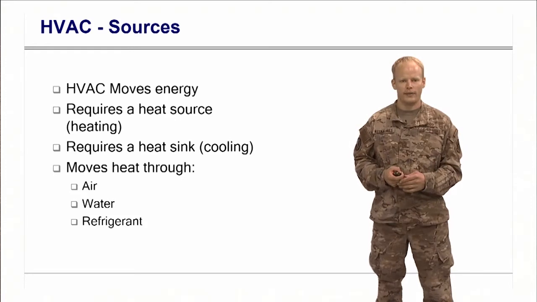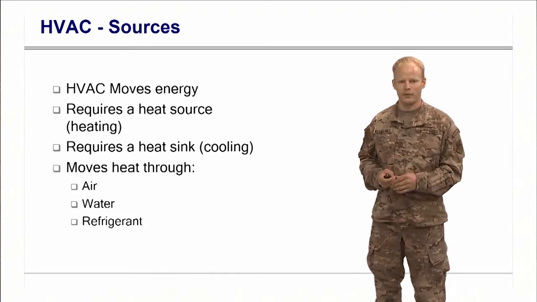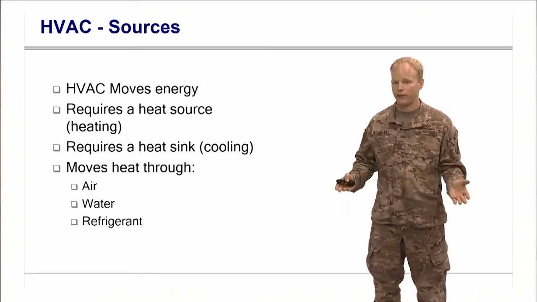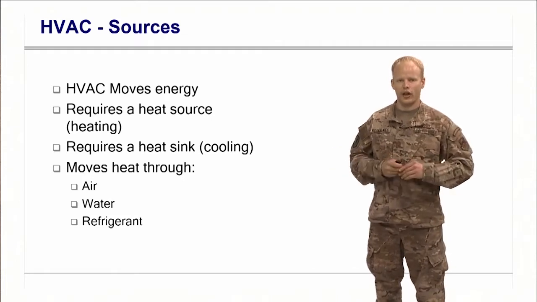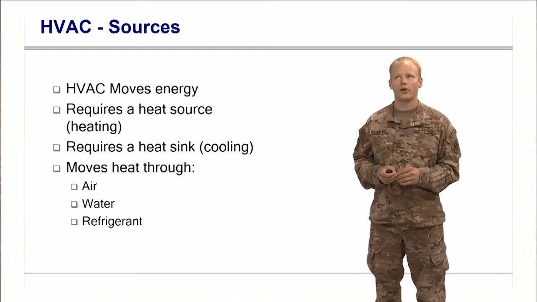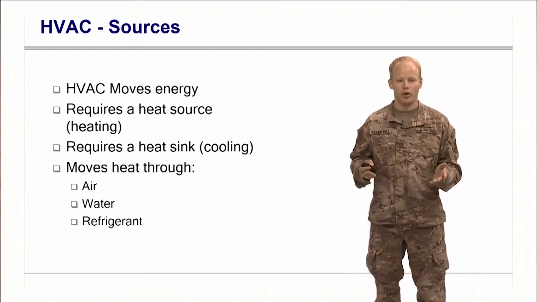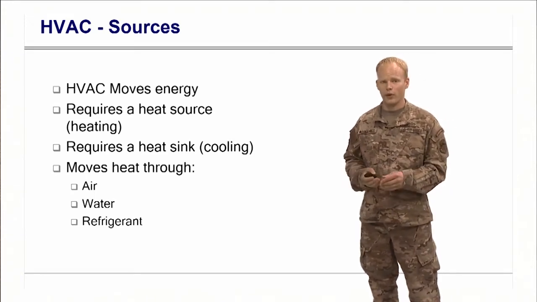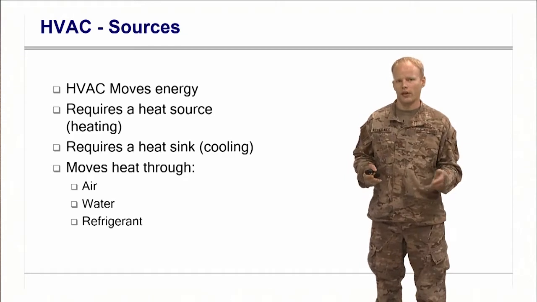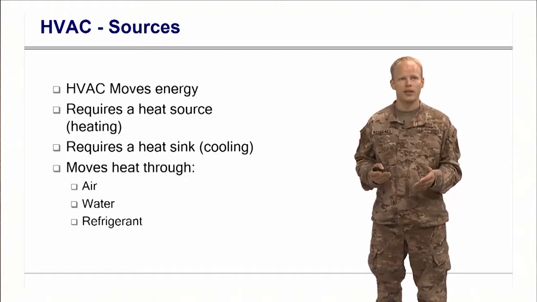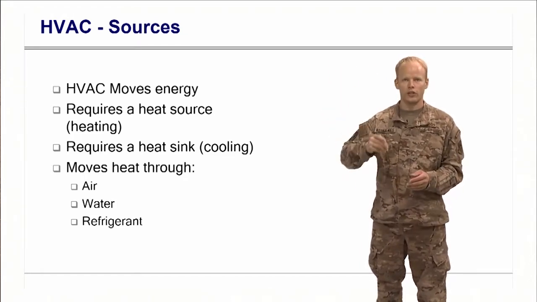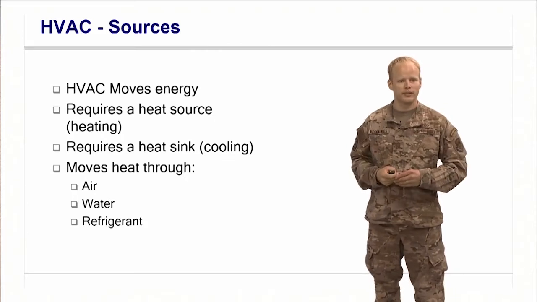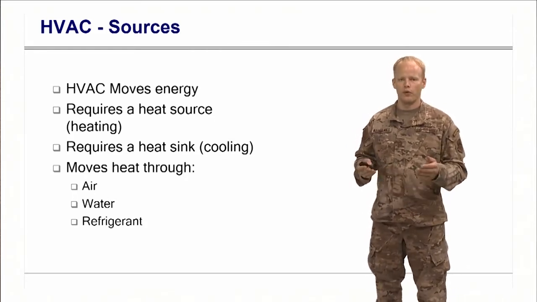And we move heat through three different mediums. We have air, which we're very familiar with. Chances are you look up onto your ceiling and you will have a supply diffuser somewhere above you, or you'll feel the air moving. We move it through water as well, which typically you won't see on a regular basis because that's in pipes hidden on the walls and above you in the plenum space. And then we move it through refrigerant.